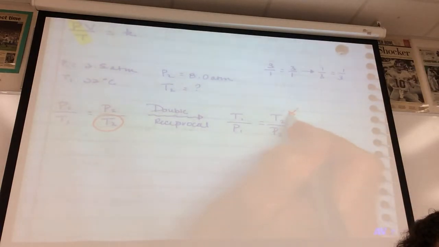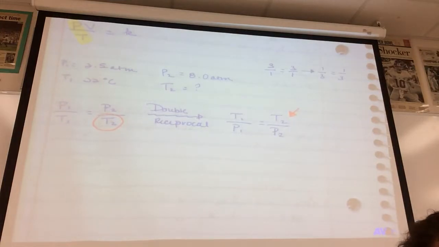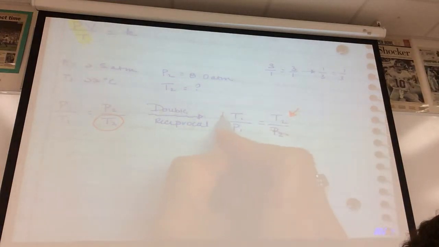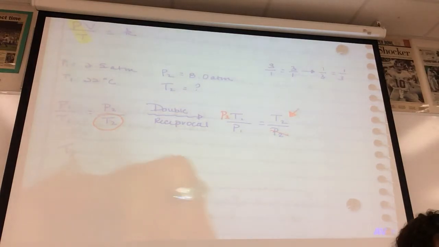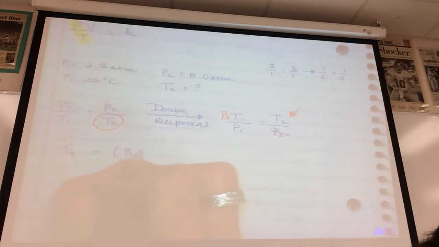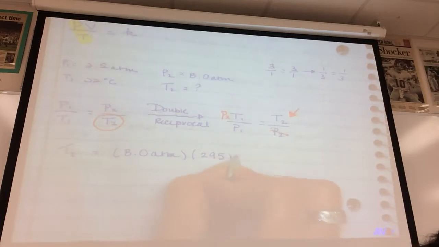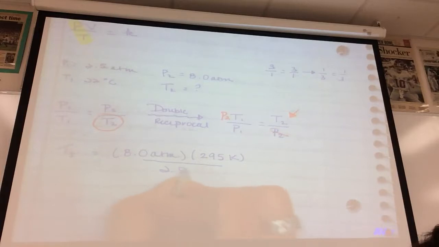Now you're going to solve for this variable. You'll move P2 up here, and then from there it's just a plug and chug situation. So P2 is 8 atmospheres, T1 is going to be 295 Kelvin, and P1 is 2.5 atmospheres.